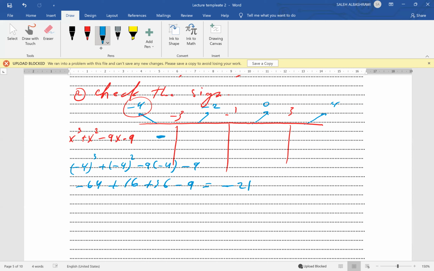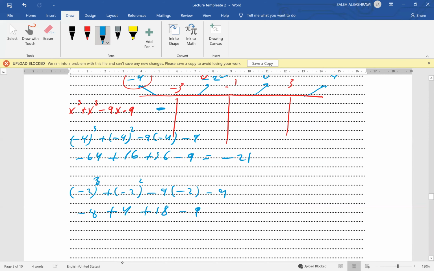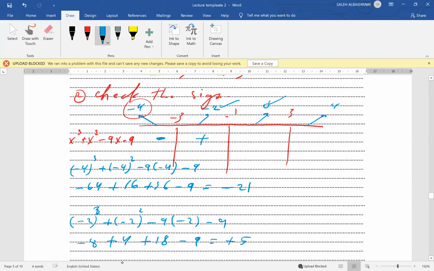Now for the second testing value, which is minus 2, replace x by minus 2. Minus 2 to the power 3 plus minus 2 squared minus 9 times minus 2 minus 9. This will be minus 8 plus 4 plus 18 minus 9. It is 22 minus 17, equal to plus 5. So this is positive. For the third one, when x is 0, the first terms are 0, and the remainder is minus 9, which is negative.